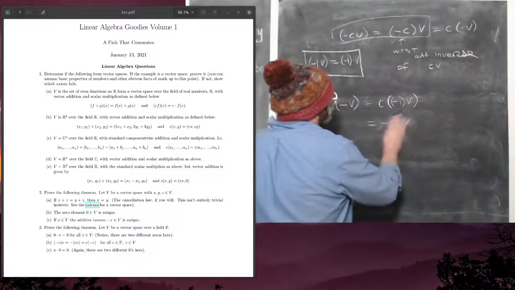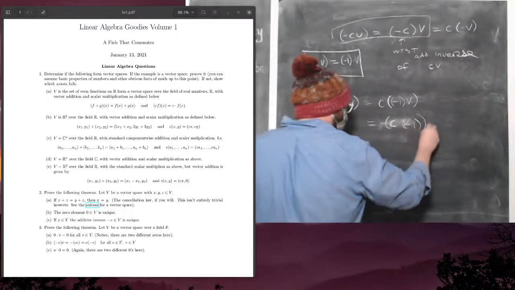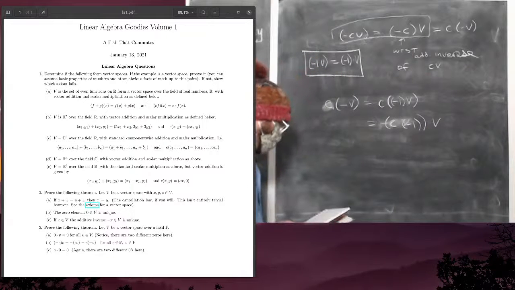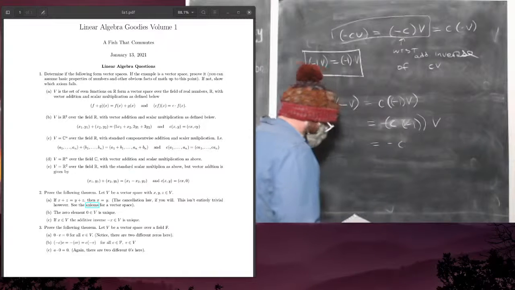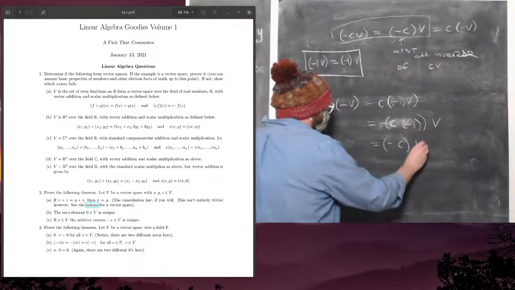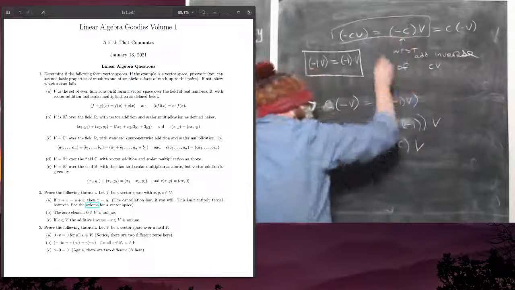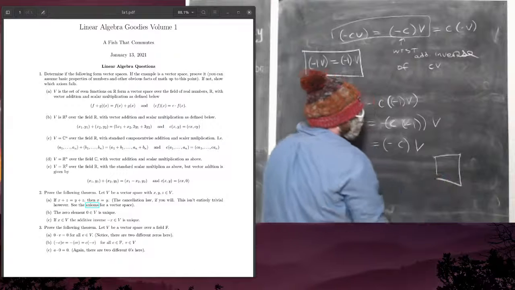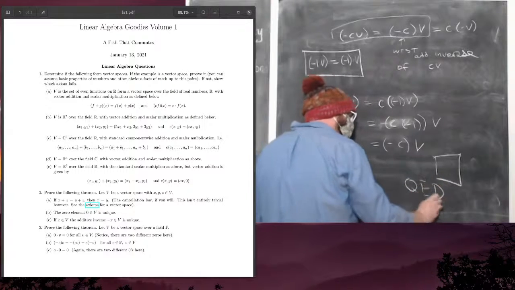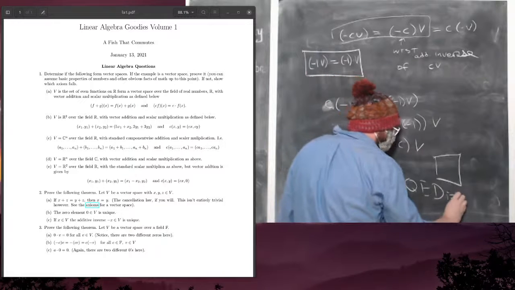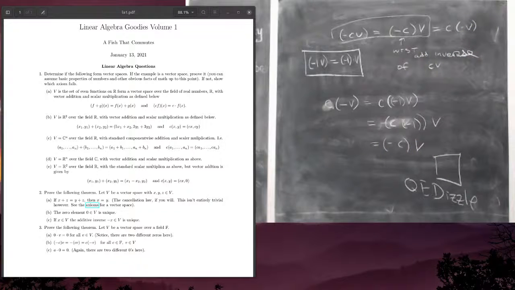Wait, what am I doing? Let's just reassociate first. I'm getting way ahead of myself. I'm too tired, saying silly things like that. So C times negative 1, and now, yeah, just whatever. Negative C times V. But we know that that's equal to that, so this is equal to this is equal to that. And we draw a square, and we say QED. Cool.